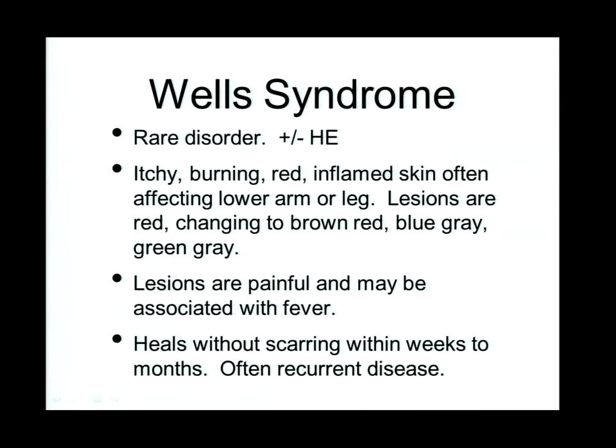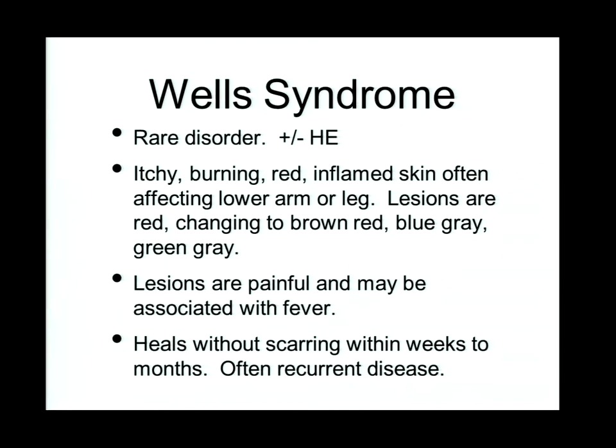And then Wells syndrome. Wells syndrome is defined as eosinophilic cellulitis, and in itself, without any other associated disease, it's definitely infiltration of the skin with eosinophils. They have this kind of very erythrodermic patch that looks like a cellulitis, and then it changes over time to almost a morphea-like presentation.